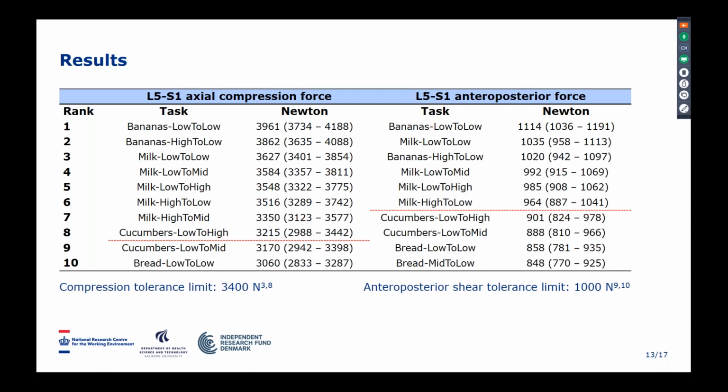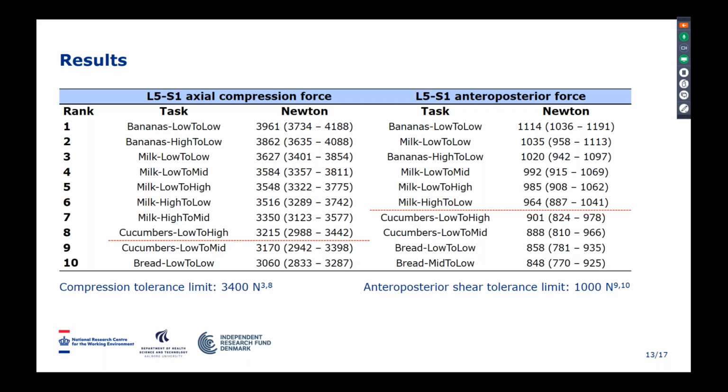Relatively speaking, a weight of 20 kilos might not be that much compared to other industries where you lift more often, but using this tool we can see that even milk, which was 17 kilos, or even cucumbers, which was as low as 10 kilos, when lifted to a high position, also exceed these tolerance limits for compression. And we use the upper 95% confidence limit in this case.